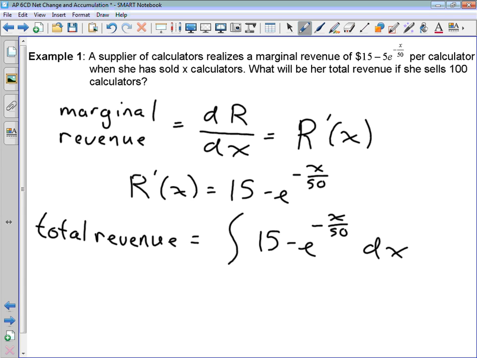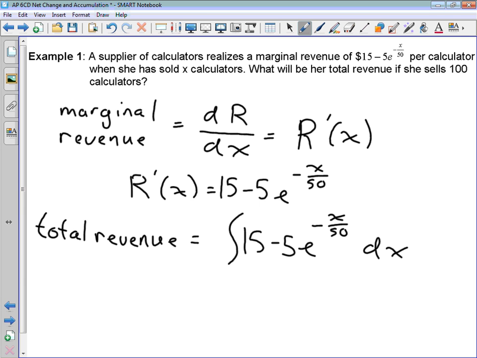Did I forget something in there? The 5, yes. All right. So our marginal revenue is 15 minus 5 times e there. So we're integrating our marginal revenue function.